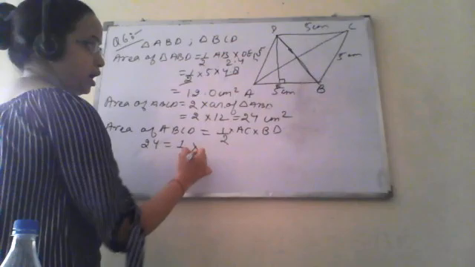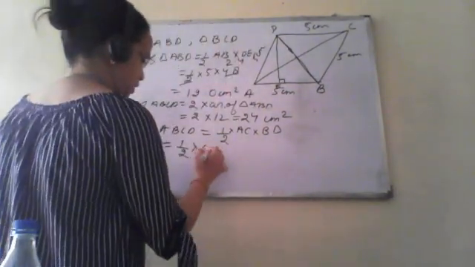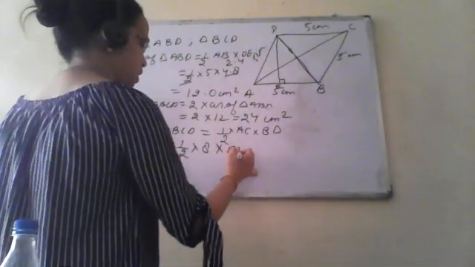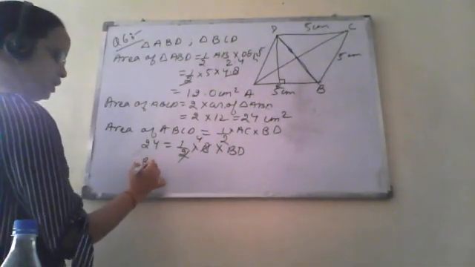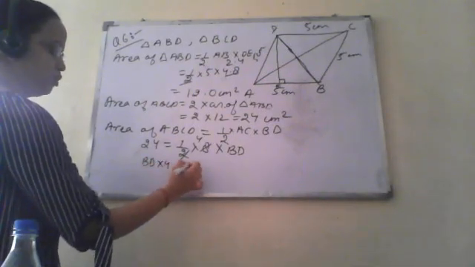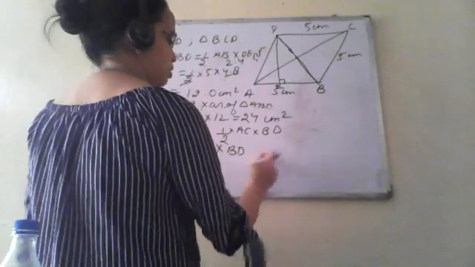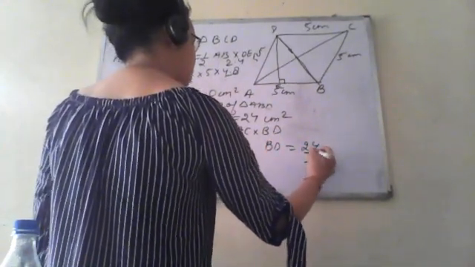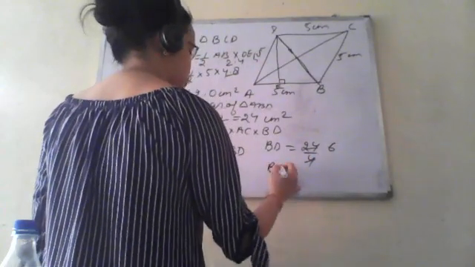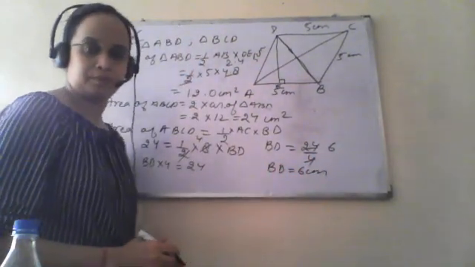This is half, the value of AC is given as 8 centimeter, and we have to calculate the length of BD. So from here, BD into 4 equals 24. So the length of BD will be 24 upon 4, that is 6 centimeter. So the length of the other diagonal is 6 centimeter.